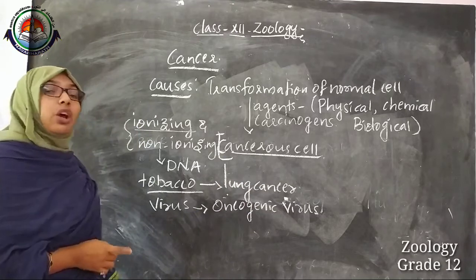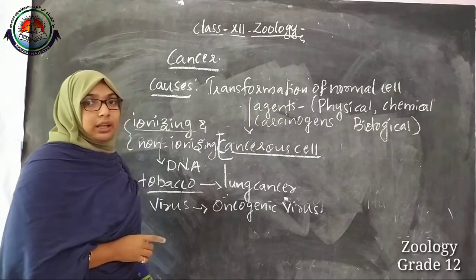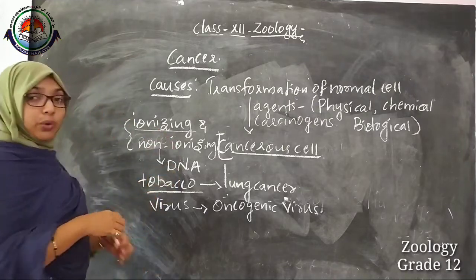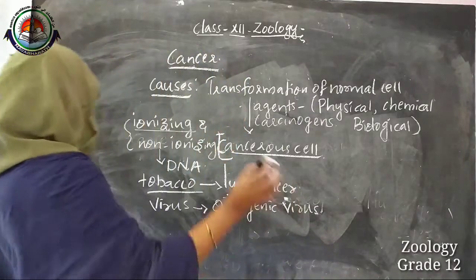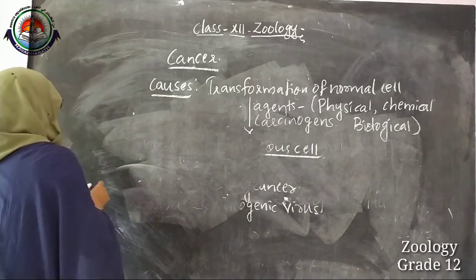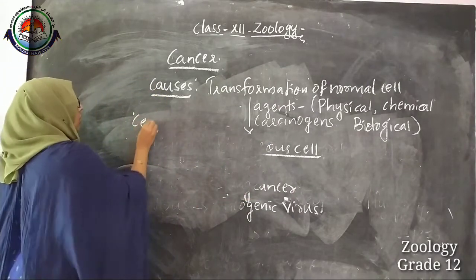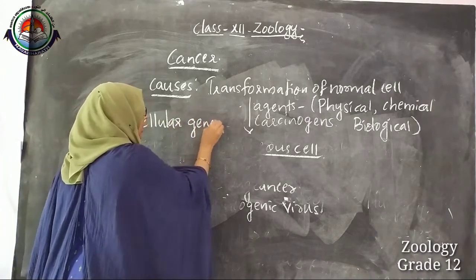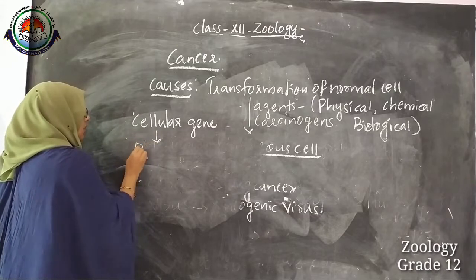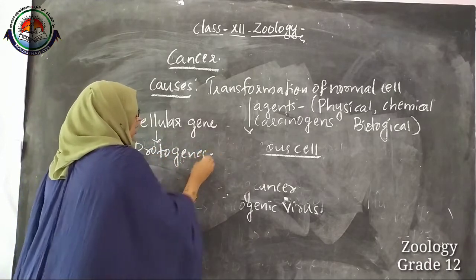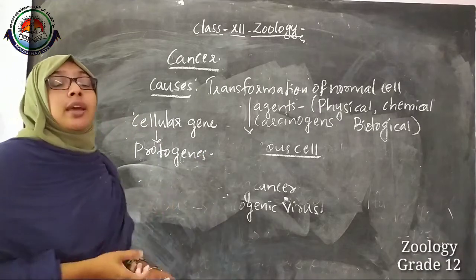Along with that, our normal cells are also found to have some genes, known as cellular genes or proto-oncogenes. Clear?